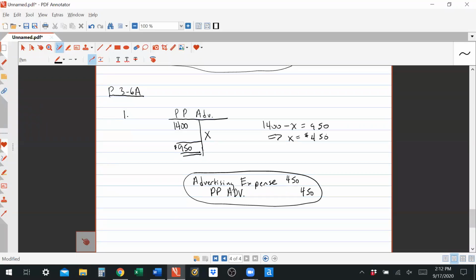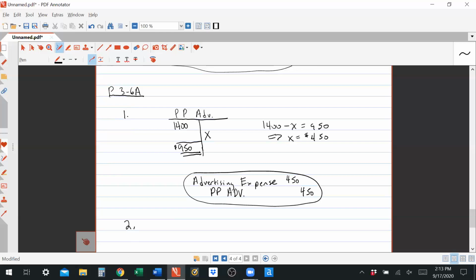So you pay them $1,400, or some amount, in advance. Then as time goes by, at the end of the first month, your commercial has been on the air for that whole month, so you've derived the benefit from that. So you recognize advertising expense and you reduce prepaid advertising by the corresponding amount. That's the logic for this.